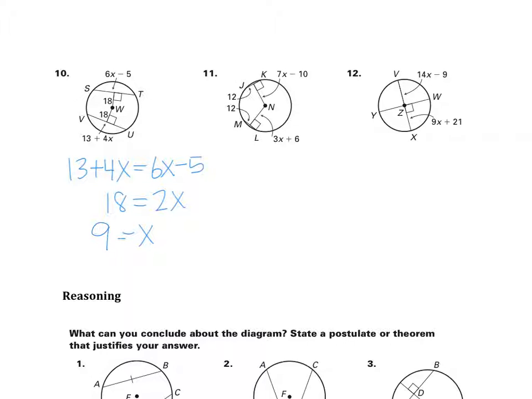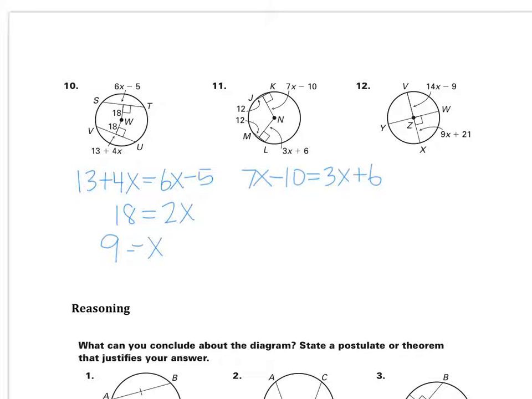In the second one here on this page, we have the two chords. They're very small. They are equidistant from the center, or they are the same length, I'm sorry. So they would be equidistant from the center. Solving for x.